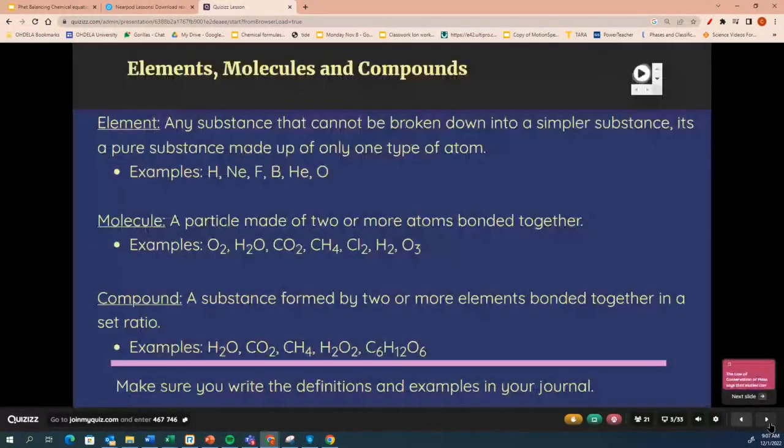All right. So elements: any substance that cannot be broken down into simpler substances. I know I'm going way back in the day.